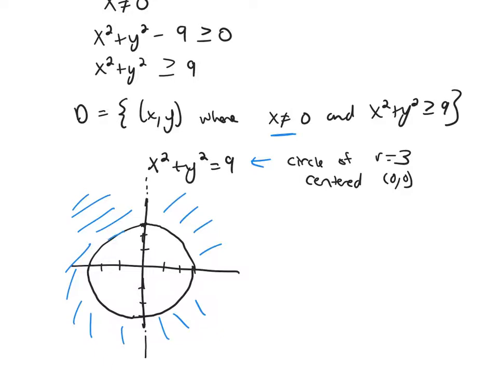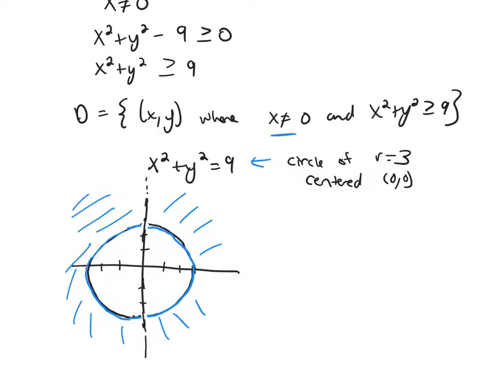So the domain also includes the circle as well, except for my points on the y-axis, which are not included.